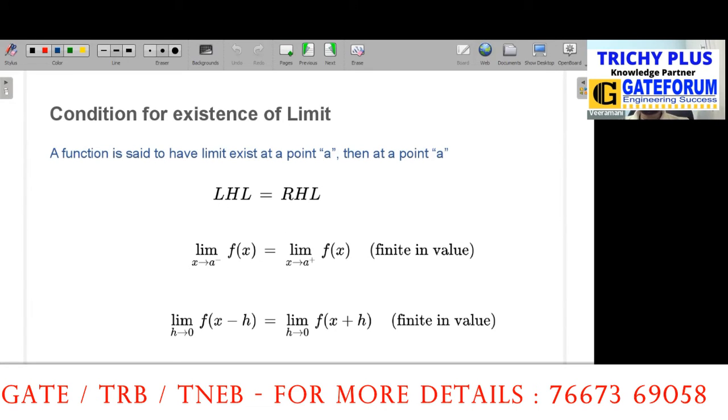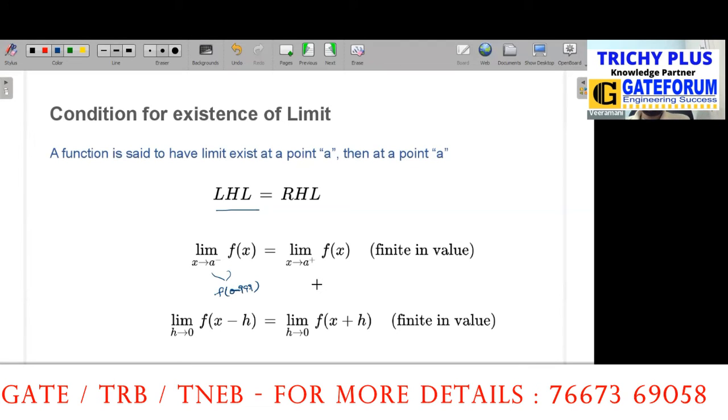So left hand limit is nothing but, see, you checked for x equal to 1, correct. So limit extends to a minus means a value just before 1. Approximately you can write f of 0.999. f of a minus means just before a. Okay, just before 1.